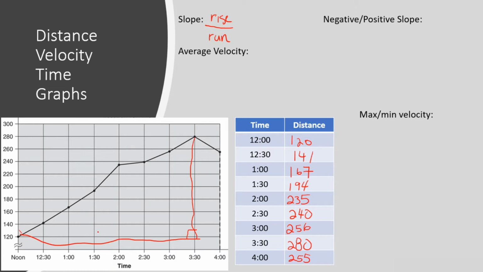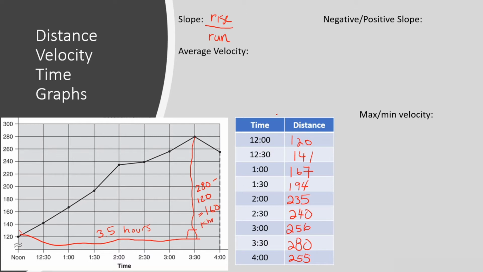Between noon and 3:30 is 3.5 hours. That's my change in x, my change in time. I'm at 280 at the top, and I started at 120, so the change in distance is 280 minus 120 equals 160 kilometers.